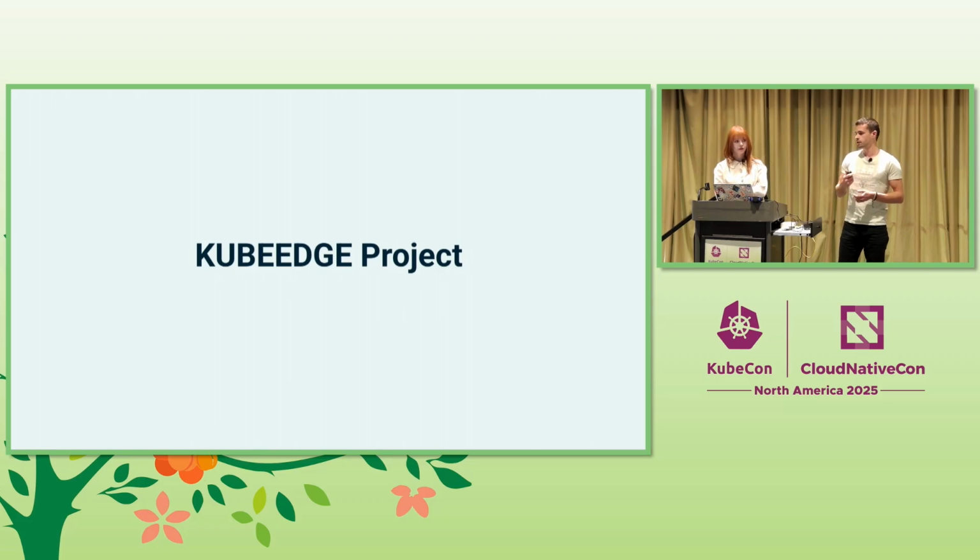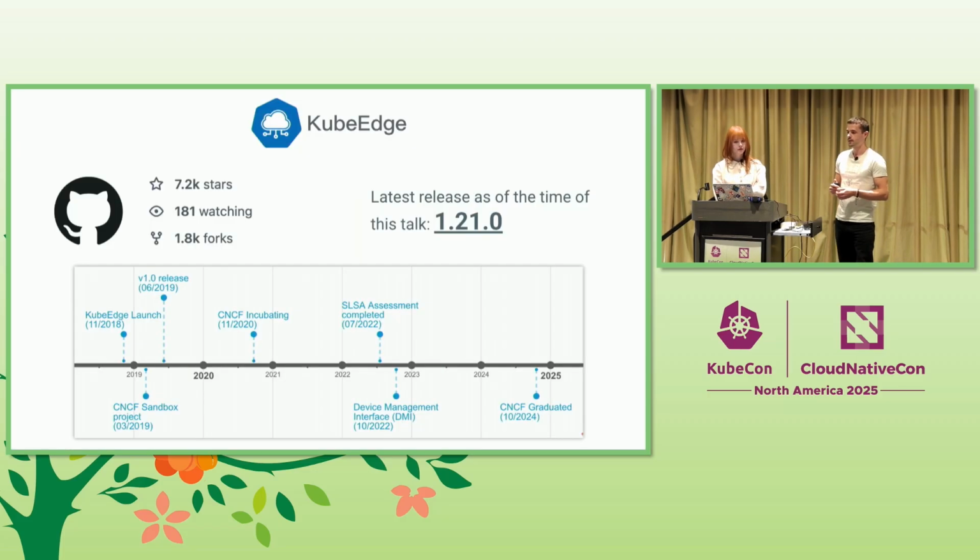And this is where the KubeEdge project comes into play. This KubeEdge project was started in 2018 by Huawei. And the stated mission was to extend Kubernetes to the edge and IoT devices.